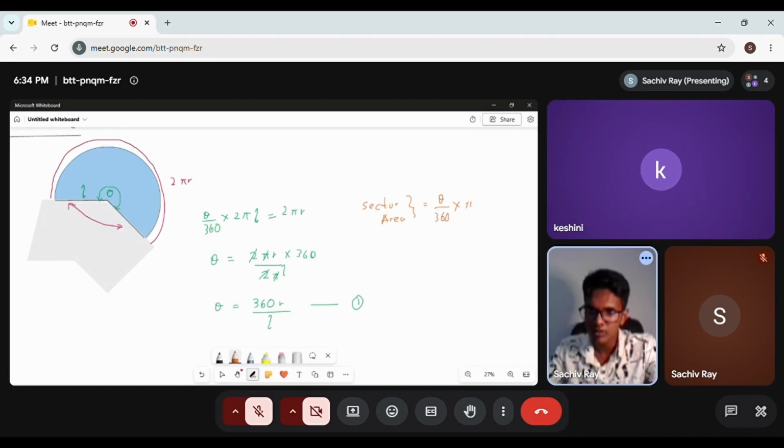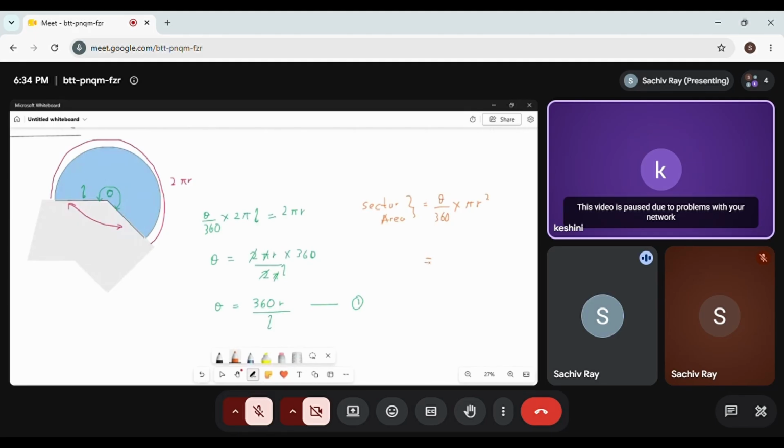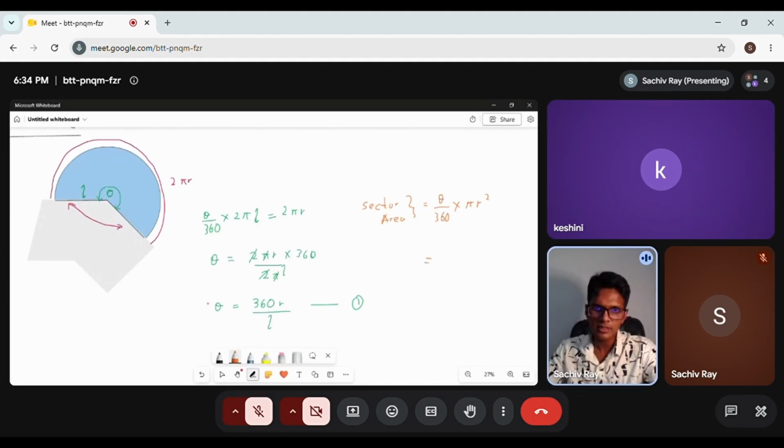Don't worry, even I was confused when I was studying this in school. So it's normal. Now theta. What is theta over here?